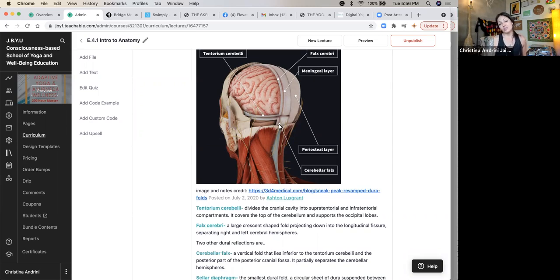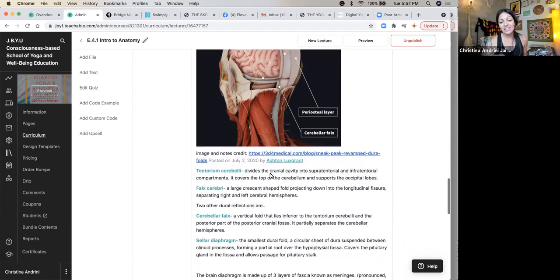The little line you see at the falx cerebri that continues down is known as the cerebellar falx. It is the version for the lower half, the lower hemisphere of the brain. I'm trying to keep it in layman's terms as much as possible so as not to be too confusing or complicated.